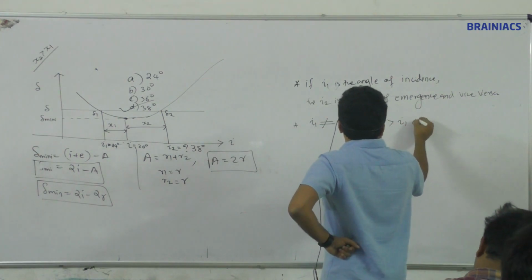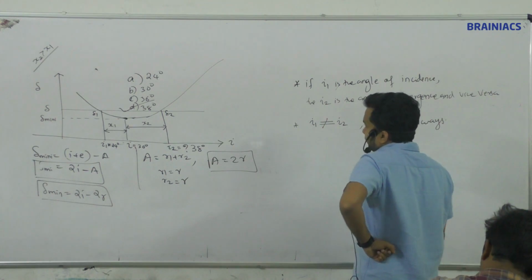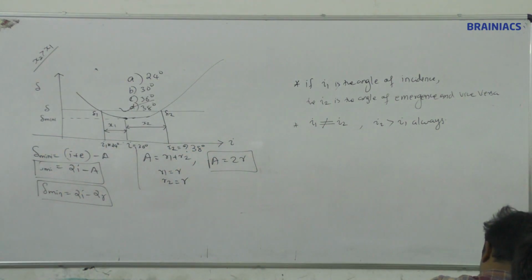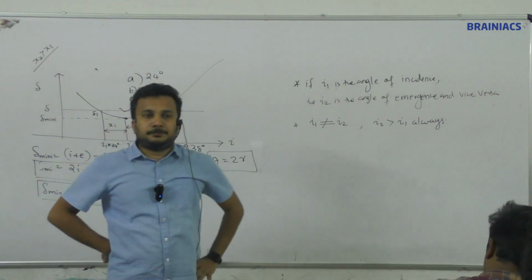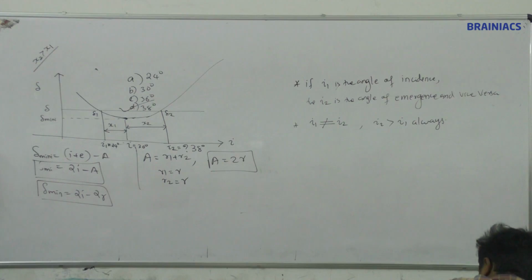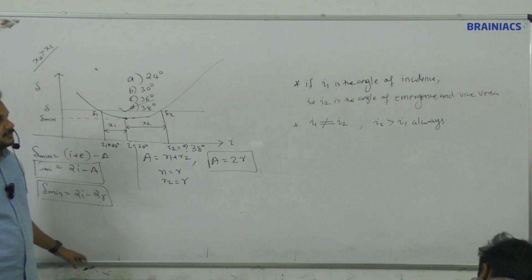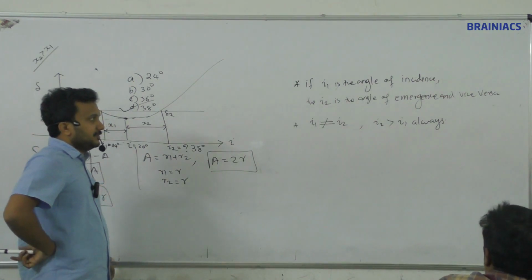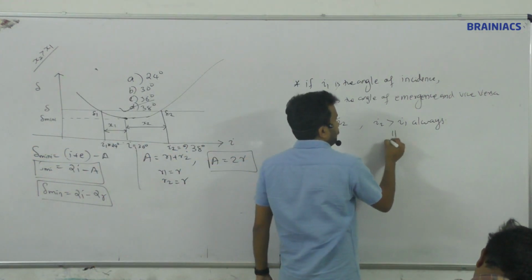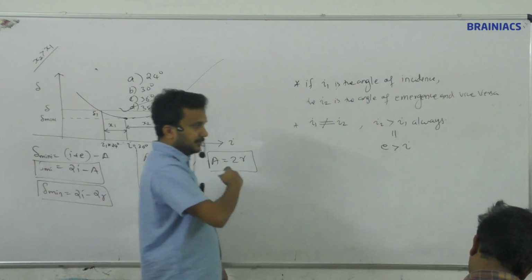I2 greater than I1 always. Or I can say the emergence angle is always greater than the incidence angle if you are taking from left to right.